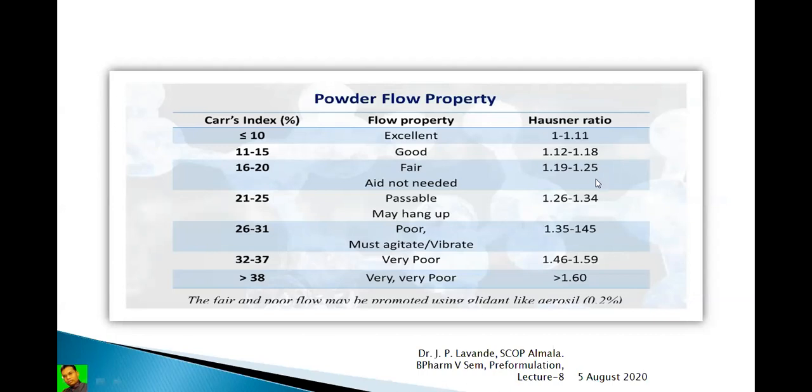And if the value goes beyond 1.25 for Hausner's ratio, or more than 20 for Carr's index, then we can say these are cases associated with poor flow property, which would be expressed as poor, very poor, and very, very poor. So these cases require the addition of a glidant.